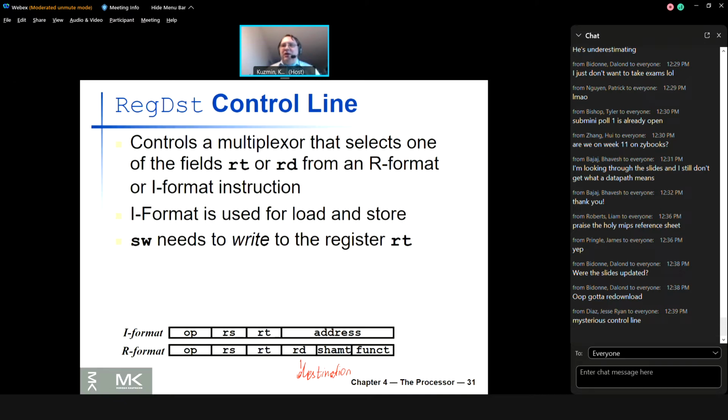And of course, in the instruction mnemonic, the way we write it, the destination register is the first one that we mention. Remember, it's like add, and then the first register that we put here is our destination register, that we refer to as RD. So in the instruction format, the order of registers is different than in the mnemonic, but it doesn't really matter.